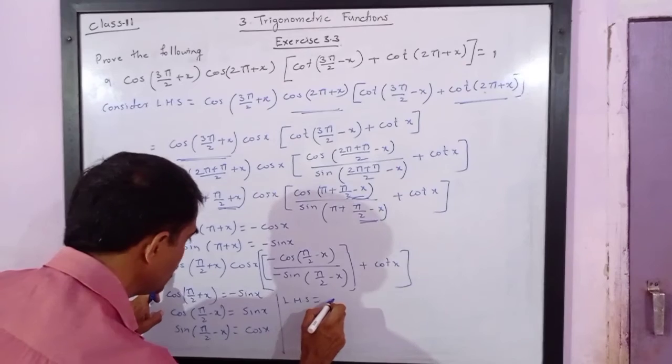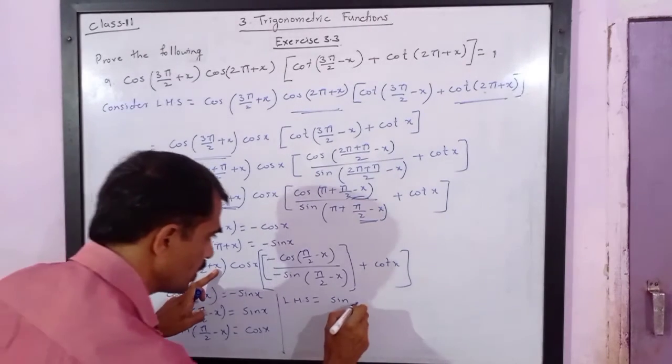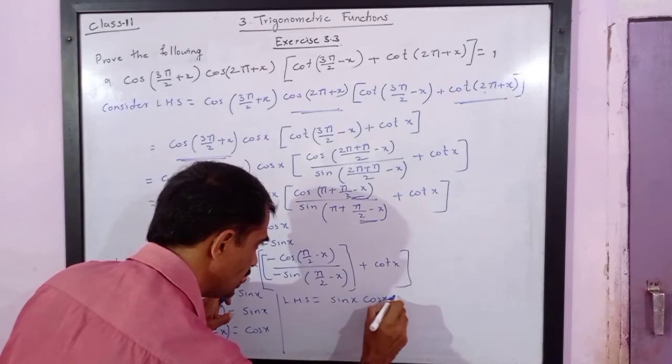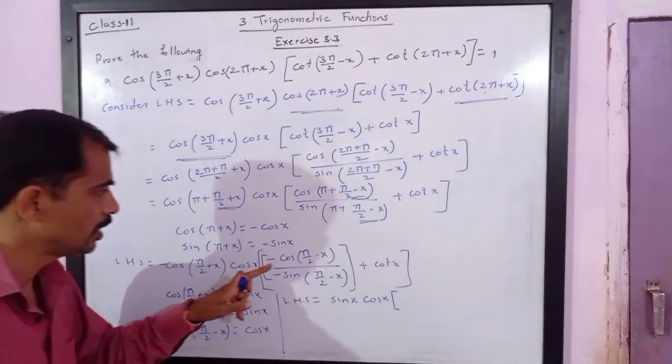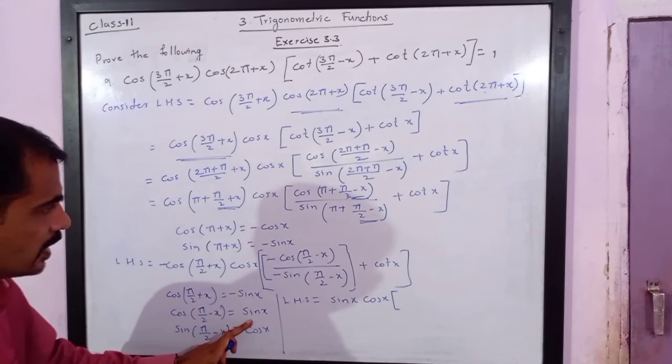So LHS will be minus into minus is plus sin x into cos x as it is in bracket, cos of pi by 2 minus x is sin x.